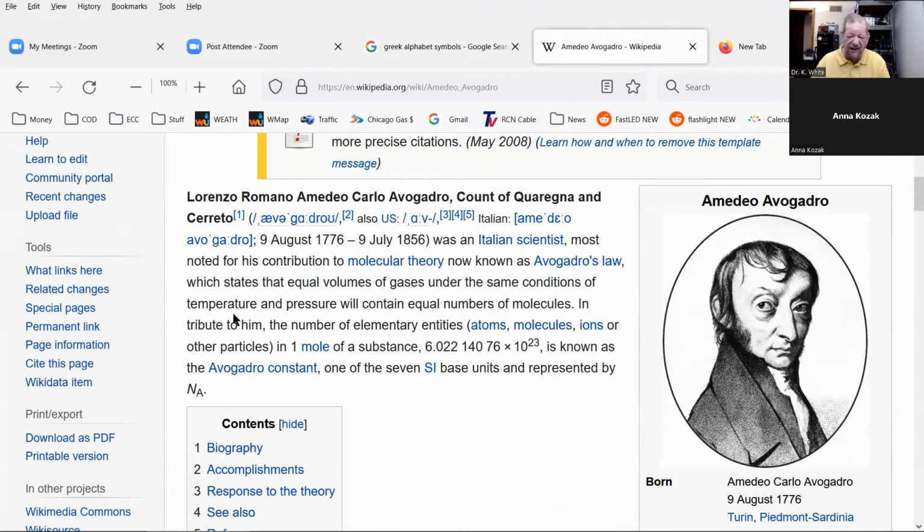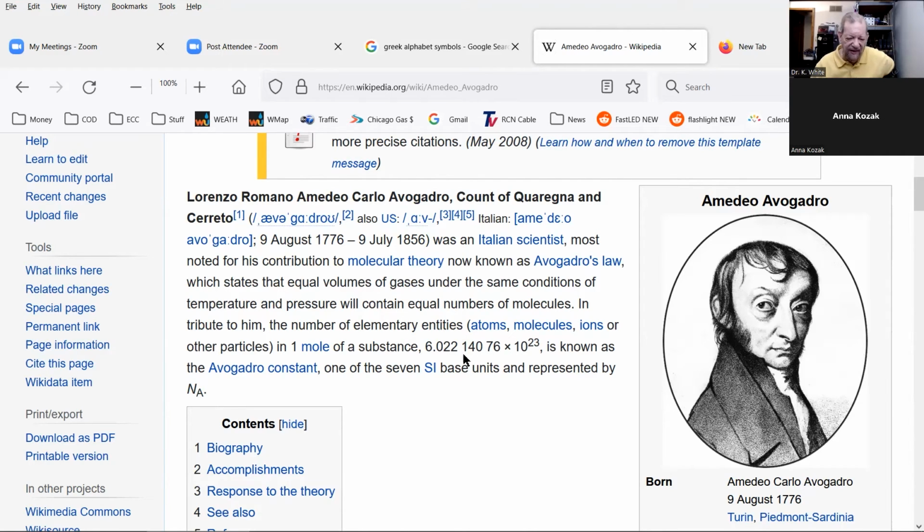I don't think they called him chemist, maybe they did, who came up with the concept of atoms, molecules, and the number. And he was the one who came up with the concept of a certain counting unit. Now, at that time, they didn't know it was Avogadro's number. Two Germans came up with the final number many years later, but in honor of his great achievement, they named that number after him. It should have been the Germans, but they didn't.